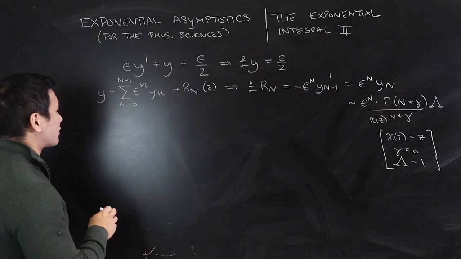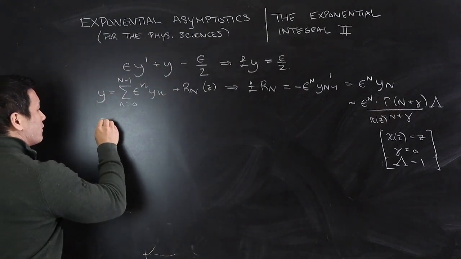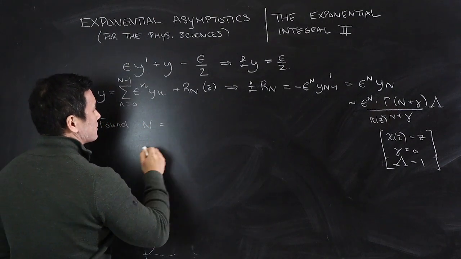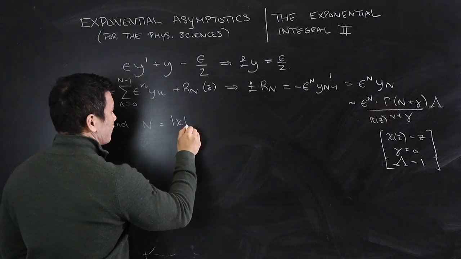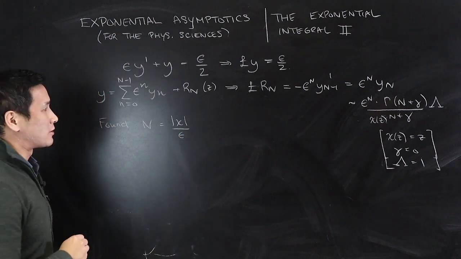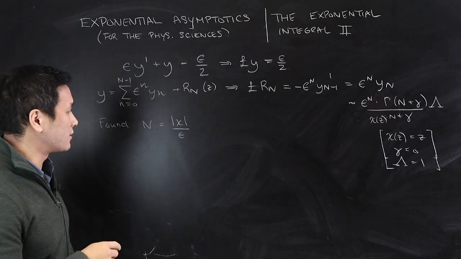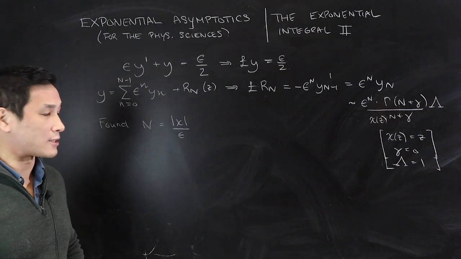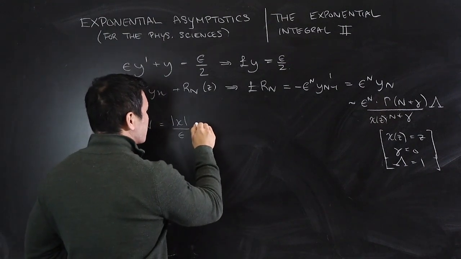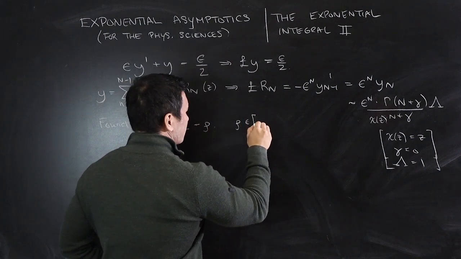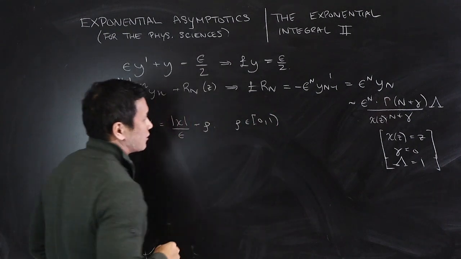And in the last lecture, we found that this optimal truncation point, n, is basically mod x over epsilon. This is just if you take the ratio of adjacent terms and take the mod of that and equate that to 1. And then you introduce a rho, where rho is just a bounded number, so that it lands on an integer.